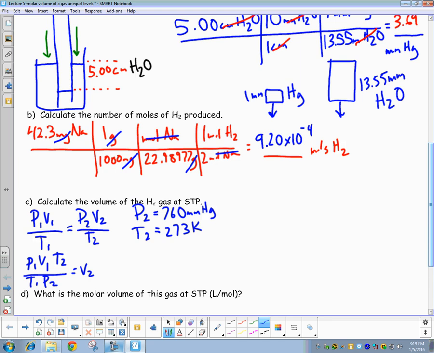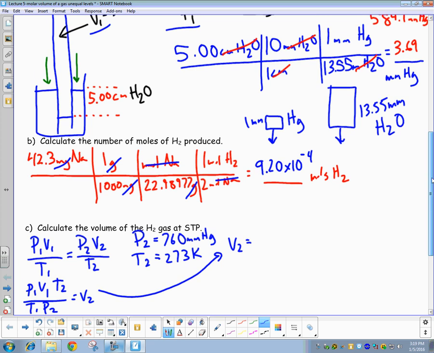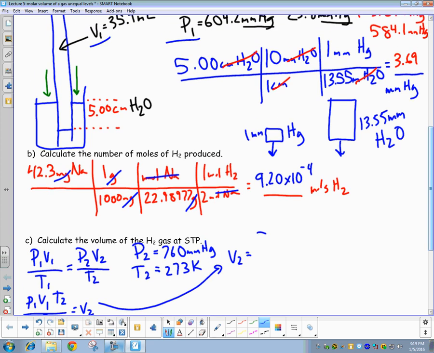So now that I've identified all 5 of the variables, I can bring this equation over here. V2, my P1 given to me in the upper part of the problem is the 584.1 millimeters of mercury. Then my V1 is the initial volume, 35.4 milliliters of hydrogen gas produced. And then the T2 is standard temperature, 273 Kelvin.